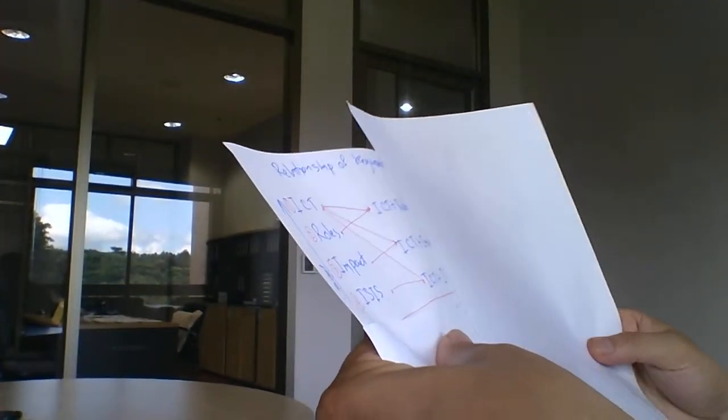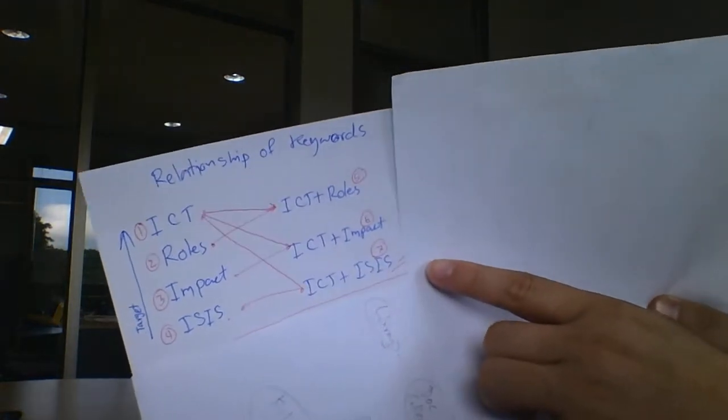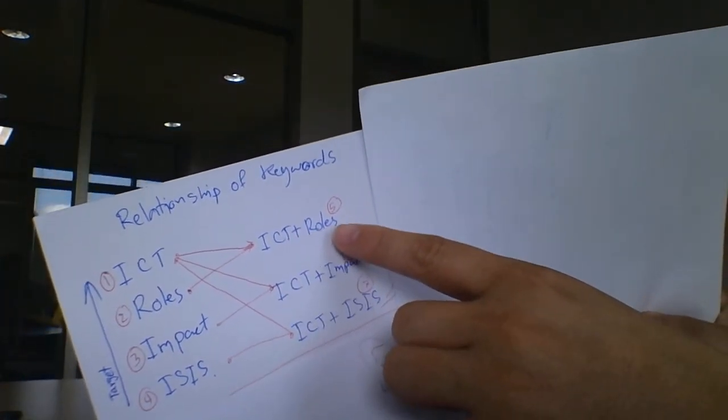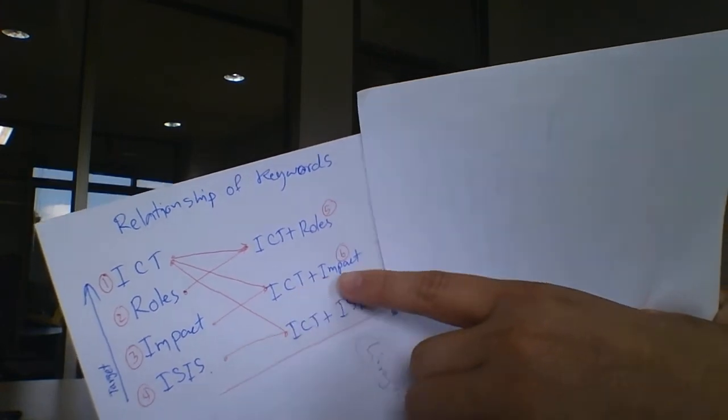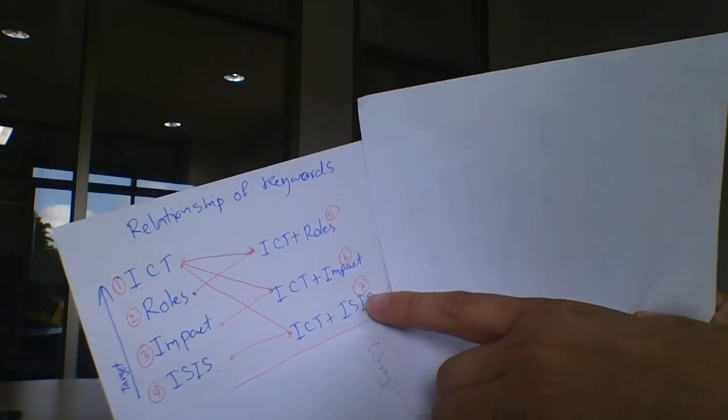From these four keywords, we try to make relationships between them. ICT plus role is number 5, ICT plus impact is number 6, ICT plus IT is number 7.